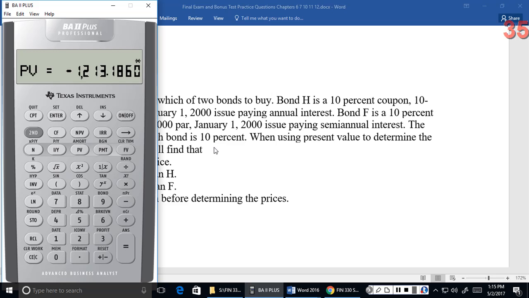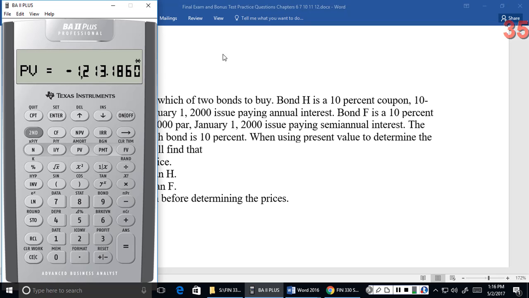It is, but it's $100 per year. Since it's semi-annual interest, you divide it by 2, so it would be 50. All right, so this should be the correct answer. So 1,213.19 is the answer.